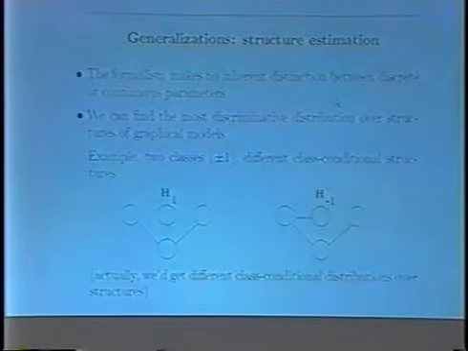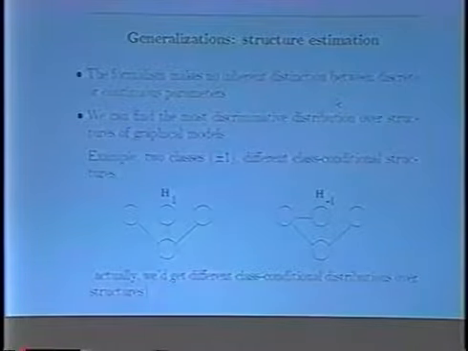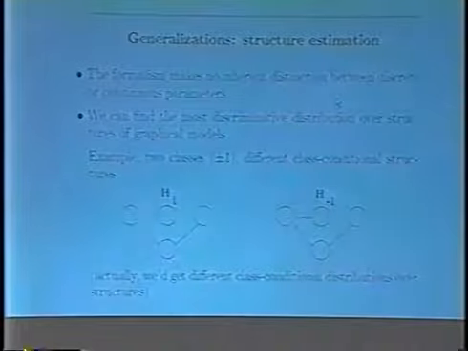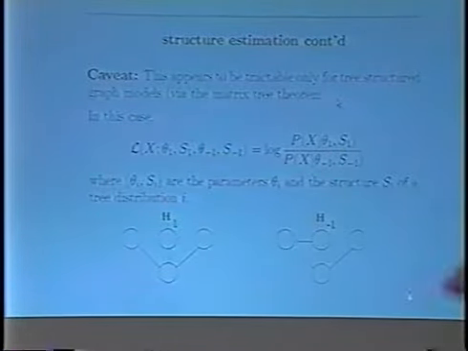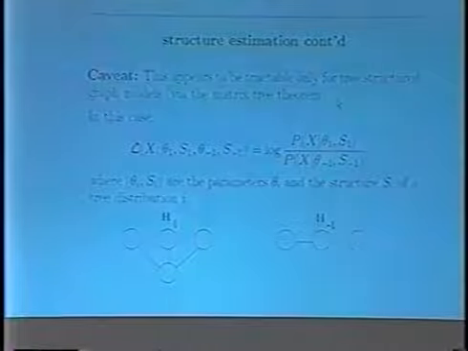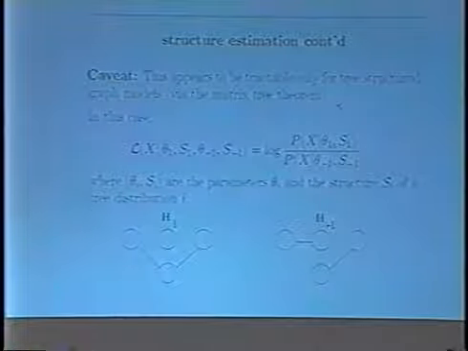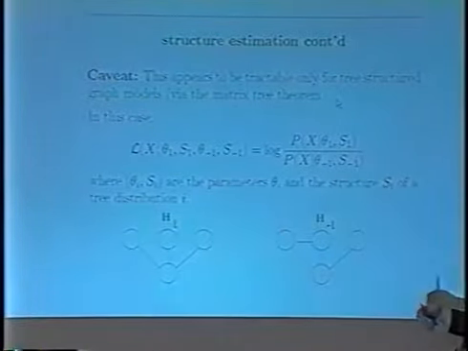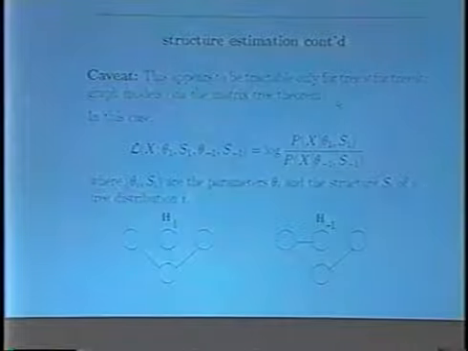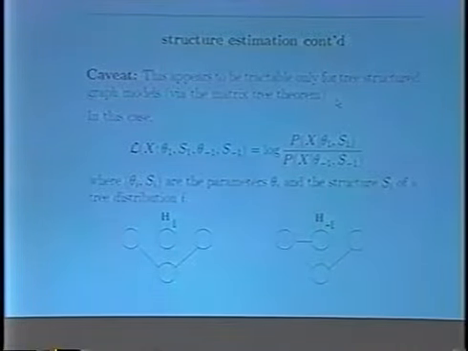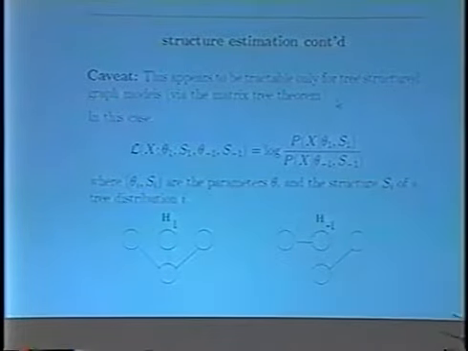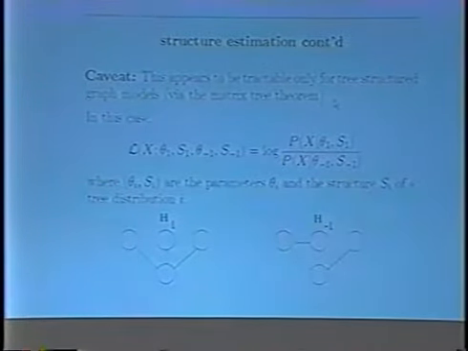Estimating the structure of any graphical model is super-exponentially hard, so it's not that easy to do. It turns out that this is tractable when your graphical models have a tree structure. In this context, you can represent and deal with distributions over structures and estimate them discriminatively within this maximum entropy formalism. It all boils down to a simple generalization of the well-known matrix tree theorem.